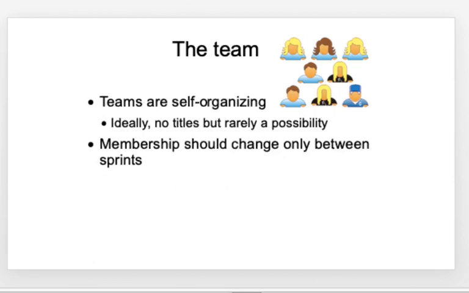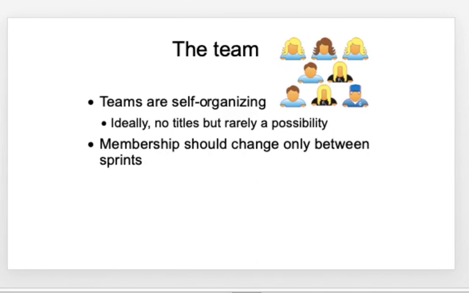So the team needs to be self-organizing. So ideally no titles, but rarely a possibility. So when I say self-organizing, it means that no external force is required to motivate the team. So all the members of the team share equal responsibility and are self-motivated. The membership should change only between sprints.